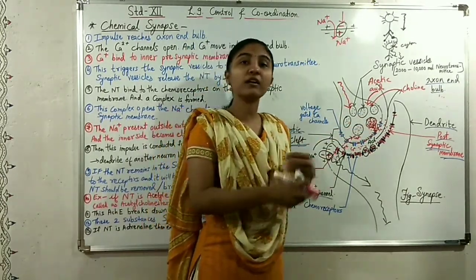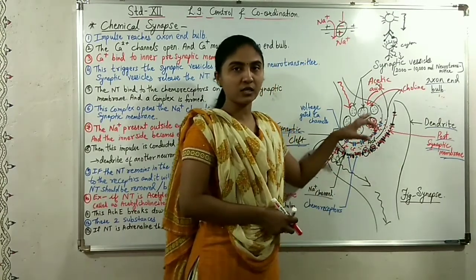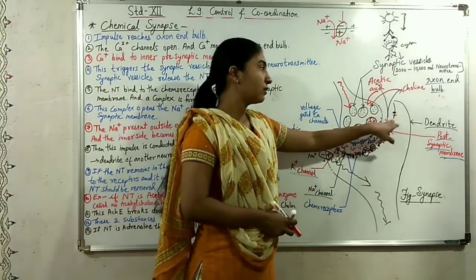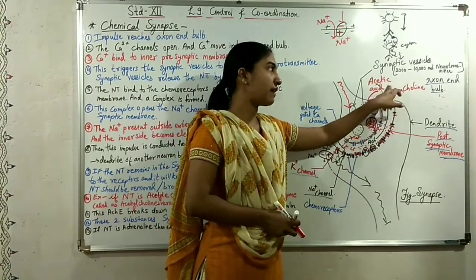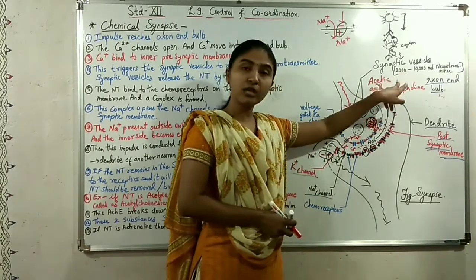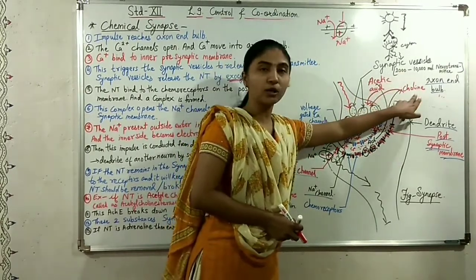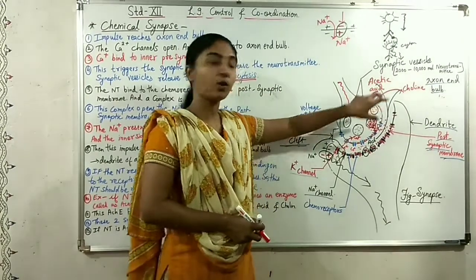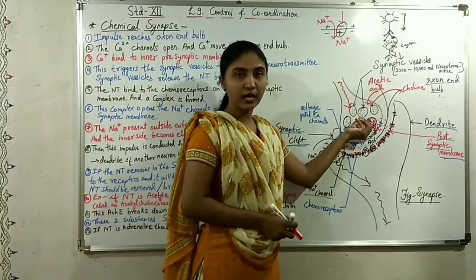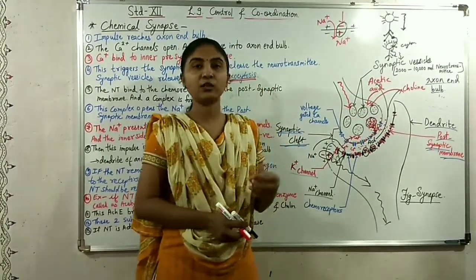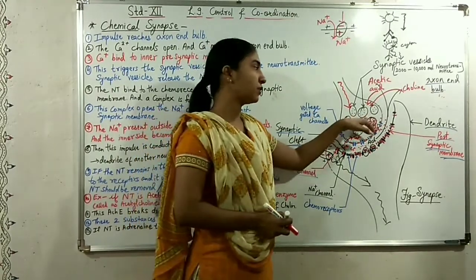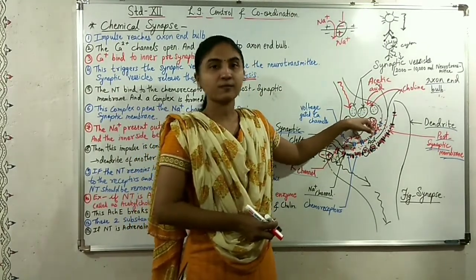They help to generate new synaptic vesicles. In this way, acetylcholine is divided into two substances, acetic acid and choline. These acetic acid and choline again enter the axon end bulb and help in the formation of the synaptic vesicles.